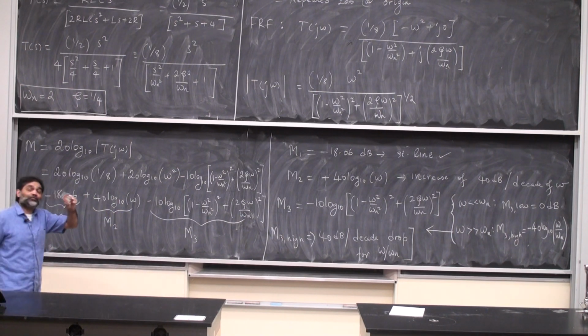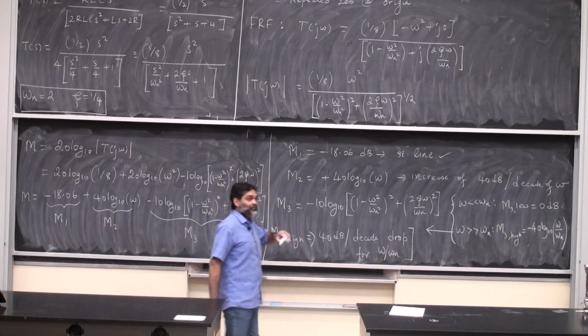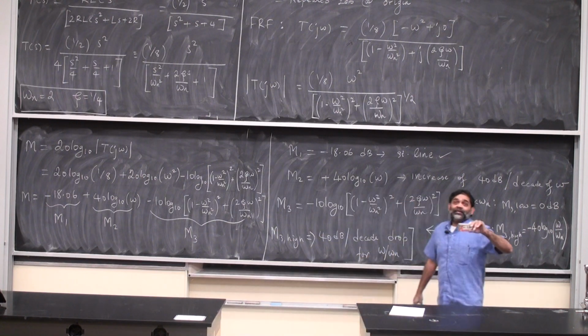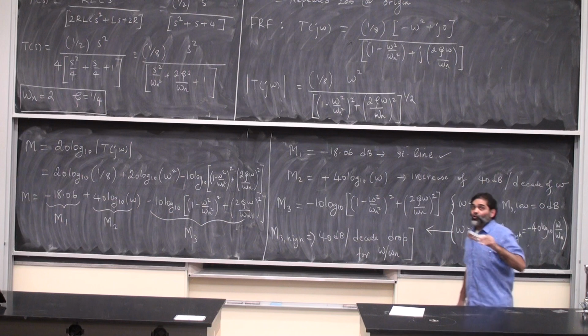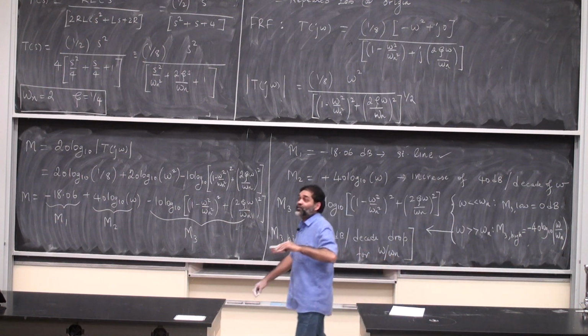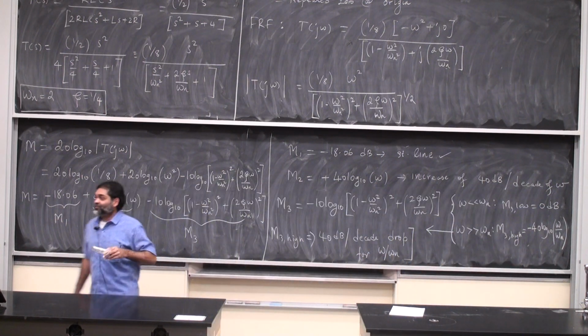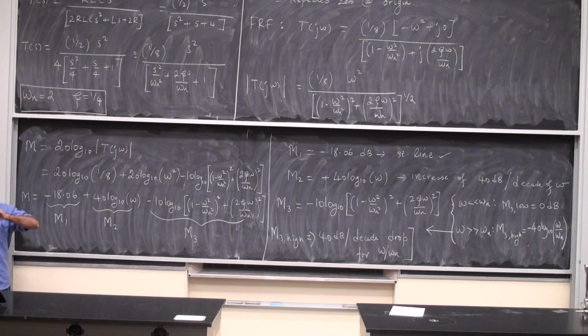If omega is 2, that's equal to omega n. If omega is 20, that's 10 times omega n, that's 1 decade. If omega is 200, that's 100 times omega n, so that's 2 decades. And for each decade, I see a drop of 40. Does this make sense to everybody?